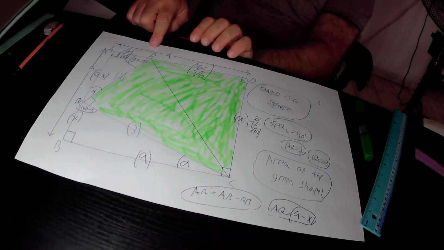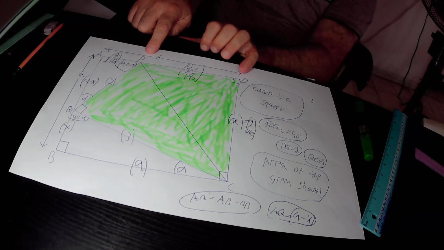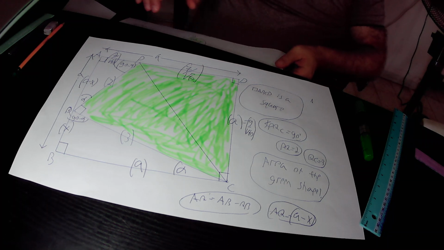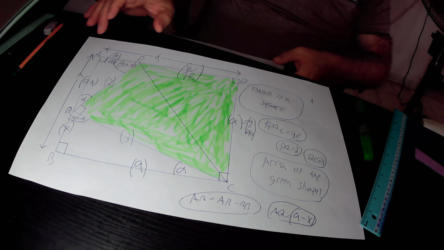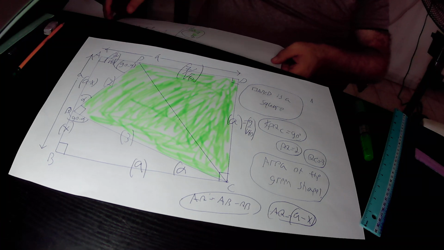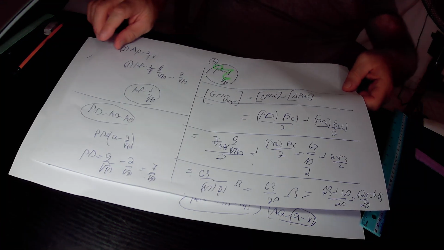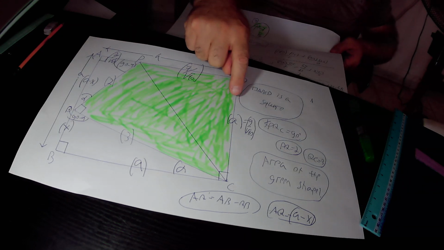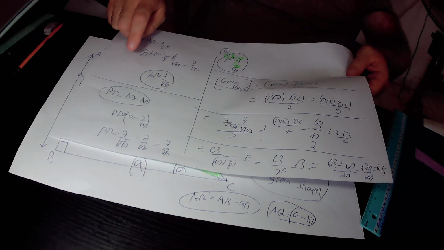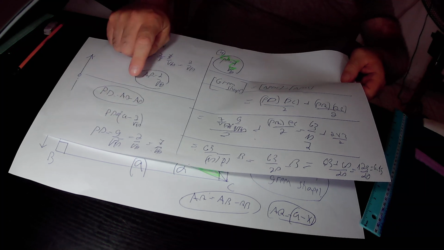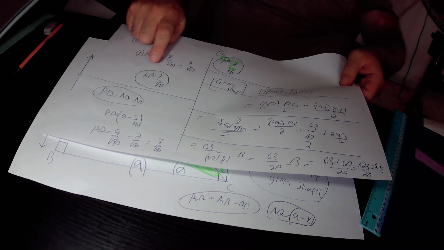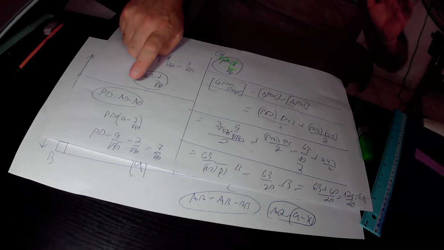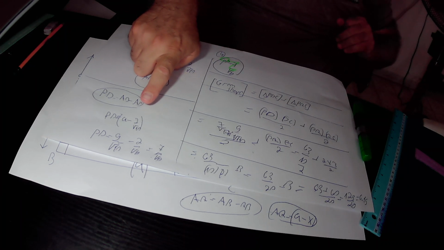What is the length of this missing line segment PD? From the drawing it is very easy to see that PD equals AD minus AP. Again, PD equals AD minus AP. AD is A, minus AP. We just found out that AP equals 2 over square root of 10. So PD equals A minus 2 over square root of 10.